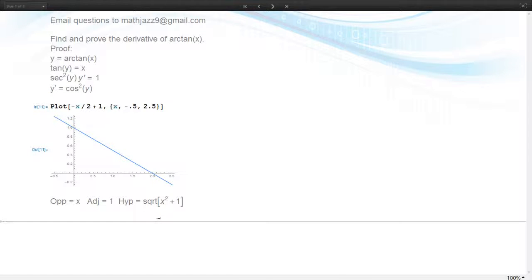So the resulting equation we get is going to be y prime equals 1 divided by the square root of x squared plus 1, but we're going to square this fraction. So we're just going to end up with 1 divided by x squared plus 1.